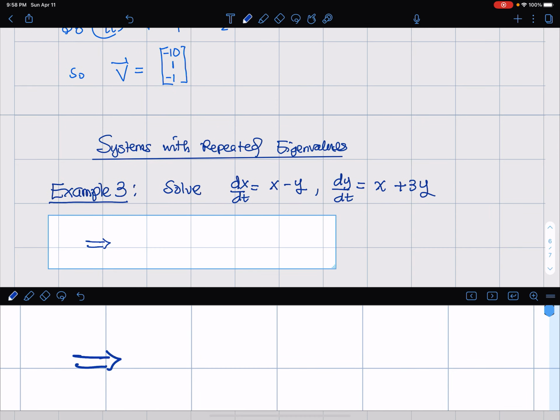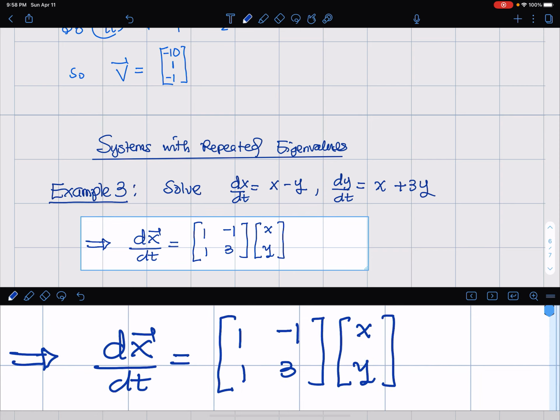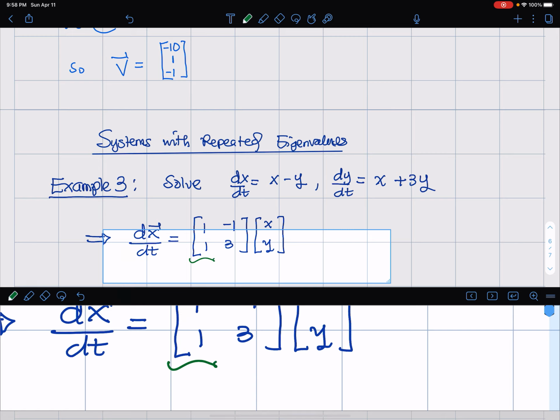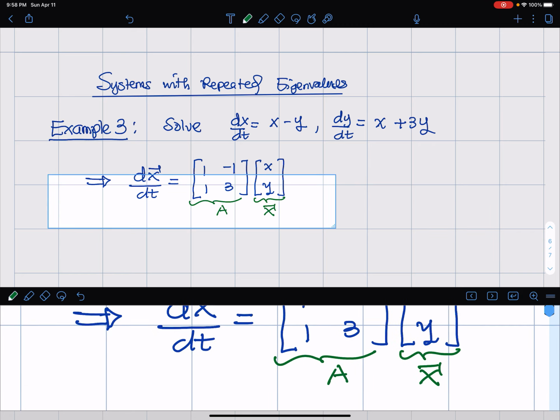So again, we can write this as d/dt of (x, y) is equal to the matrix [1, -1; 1, 3] times (x, y). This is our A, and this is our x, and this is our dx/dt.